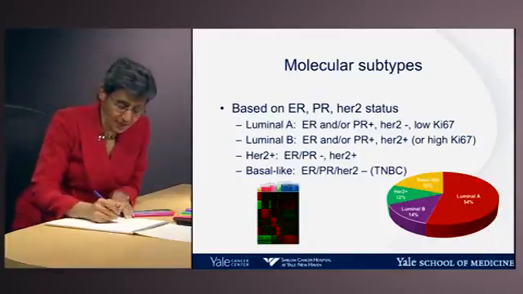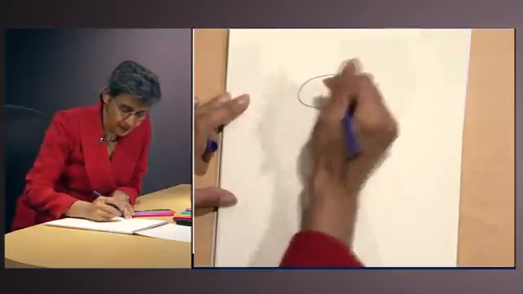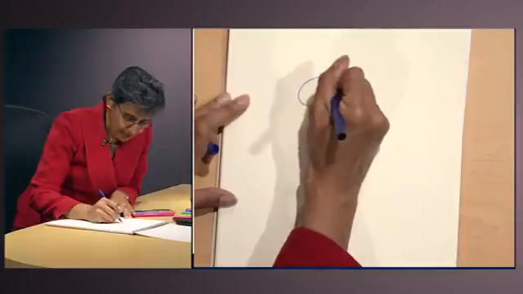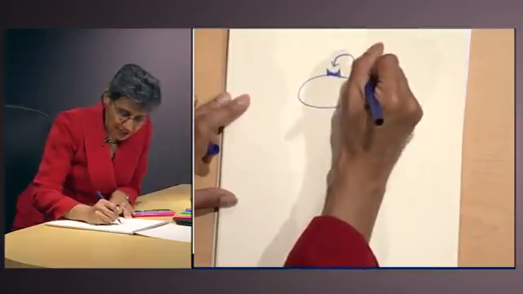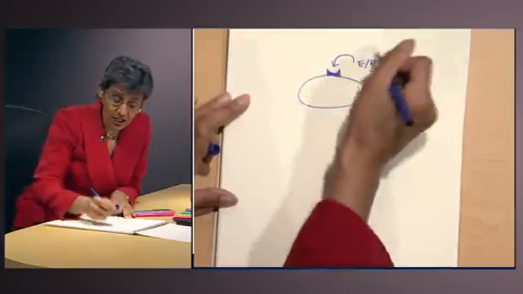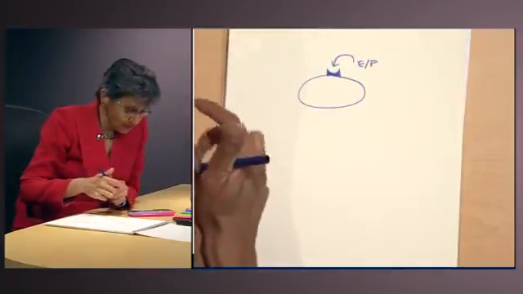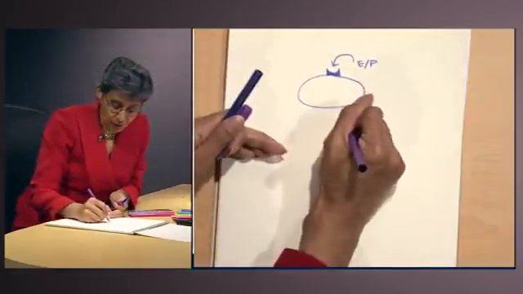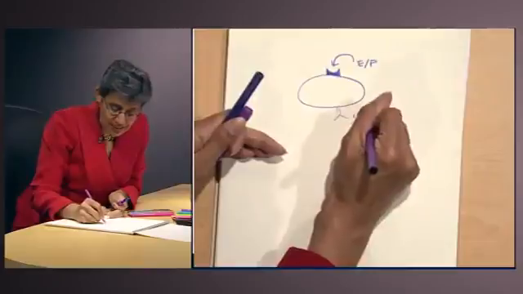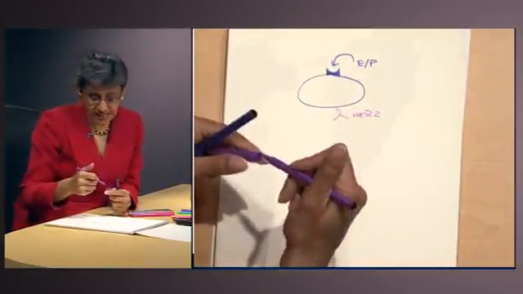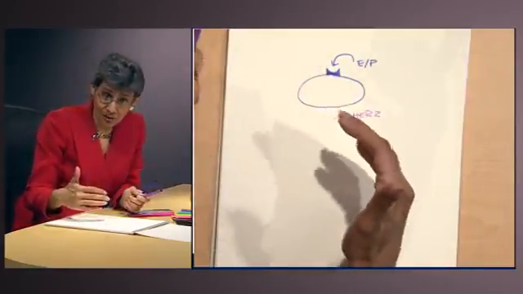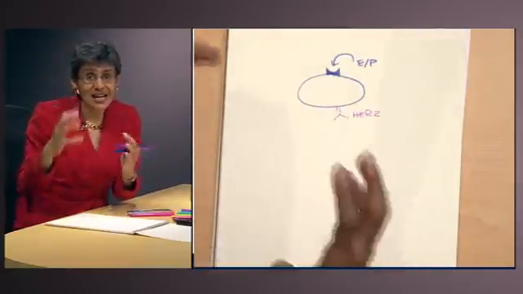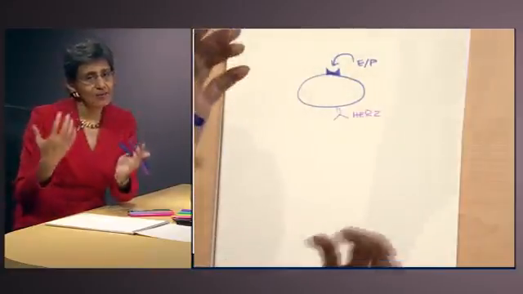So if we think about a cancer cell, on the surface of the cancer cell, there's receptors that are fed by estrogen and progesterone. These are female hormones. And then there are receptors for HER2. HER2 is a tyrosine kinase, which is just a fancy name of saying that's the type of receptor that helps to take signals from the outside of the cell to the inside of the cell to make them behave abnormally.